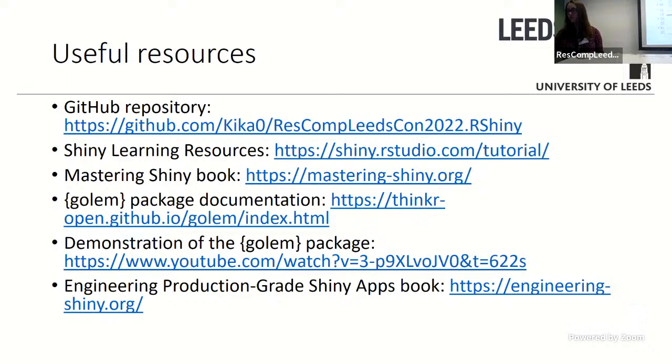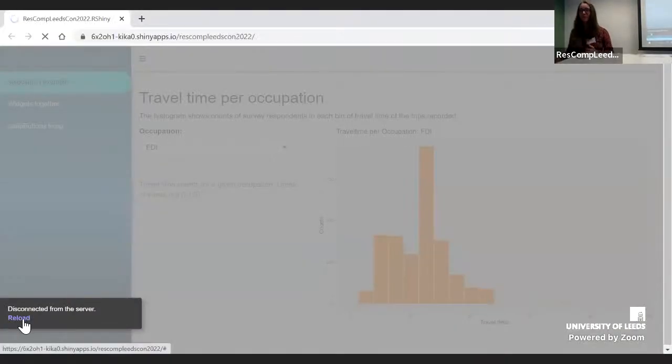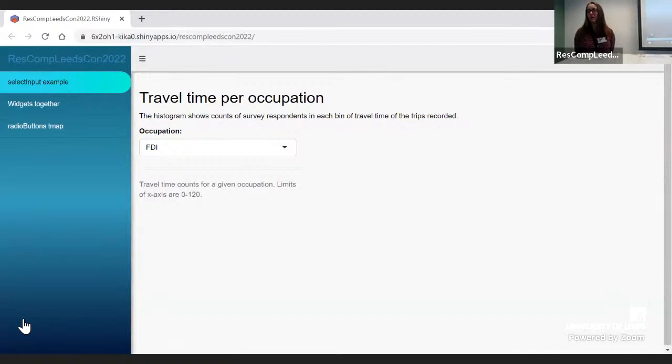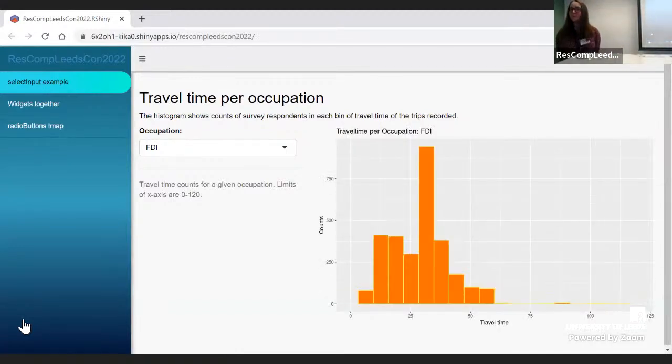share the dashboard, which is also on GitHub and can be downloaded from GitHub to be looked at the scripts and played with. So it has 3 tabs.